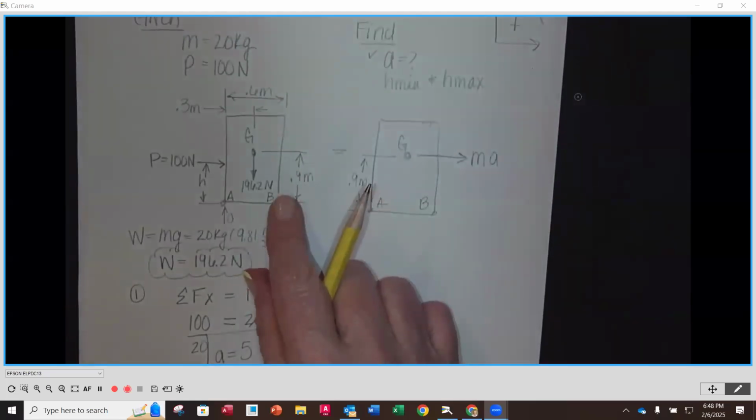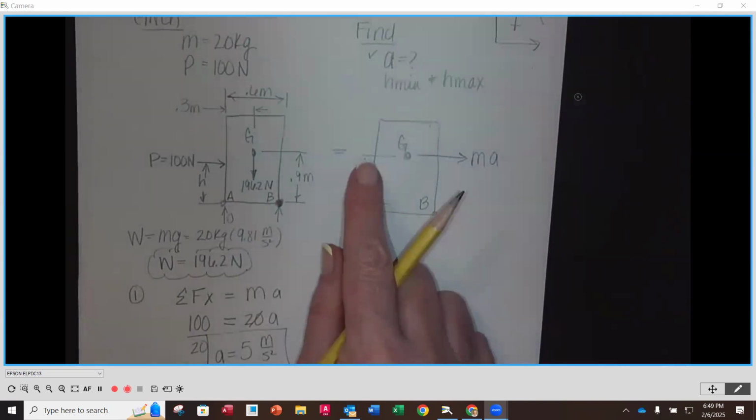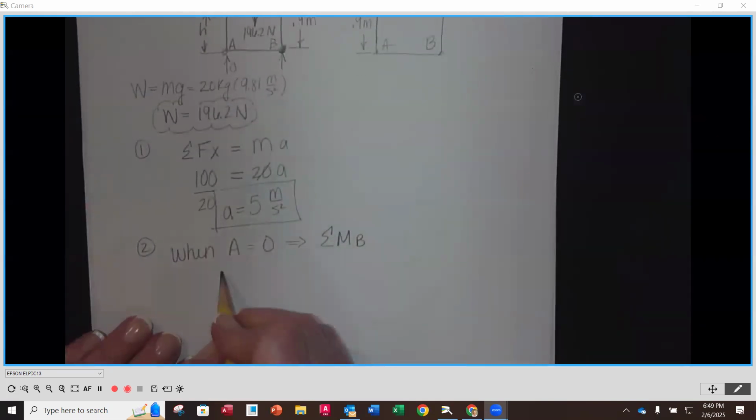We're going to sum around B on the left-hand side, and set it equal to the M times A, and then it's going to have that distance there. So let's set that equation.